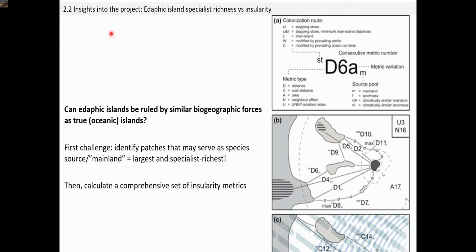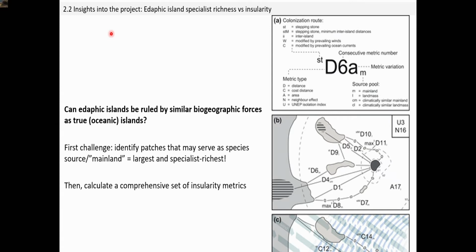And the basic question that we wanted to answer was whether we can assume that edaphic islands are ruled by similar biogeographic forces as, let's say, true oceanic islands. Once we entered that field, we realized, okay, first of all, what is mainland? What does mainland mean for terrestrial island-like systems?